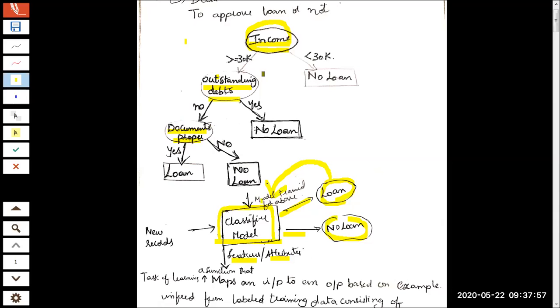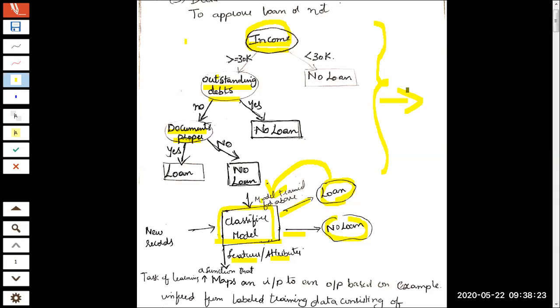See, even this will happen manually. You forget the classifier, you consider it a manual process. If you approach a bank for a loan, these things will be verified: your sources of income, any debits that currently exist, your documentation process. This was manual, and the manual process is a bit tedious.